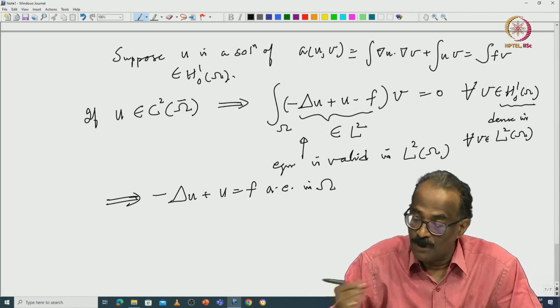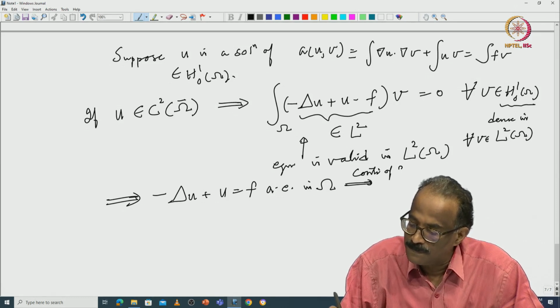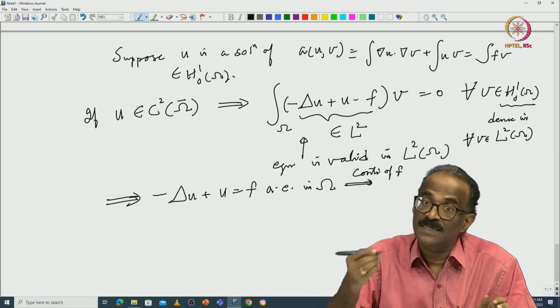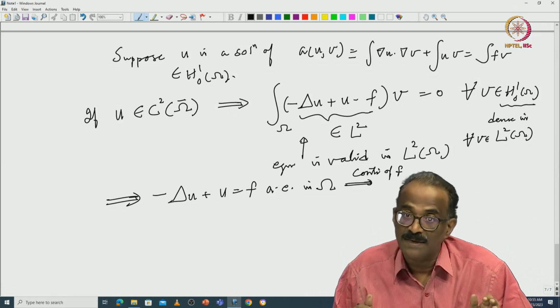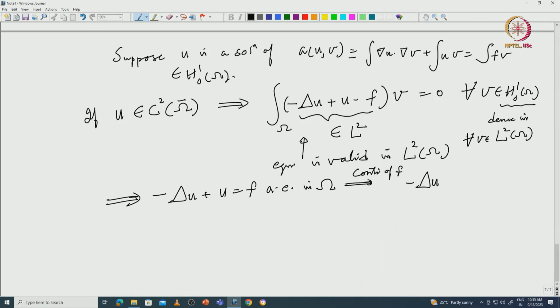And if you have the continuity of f, in the other case you need f only in L2. So, we are going to study f in L2. So, it implies minus Laplacian of u plus u equal to f pointwise. So, you get a pointwise thing.